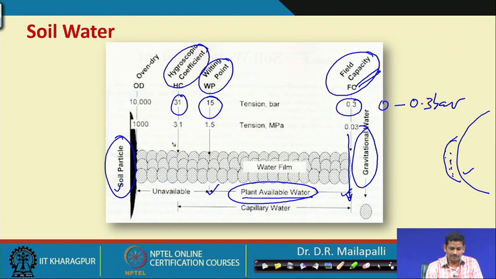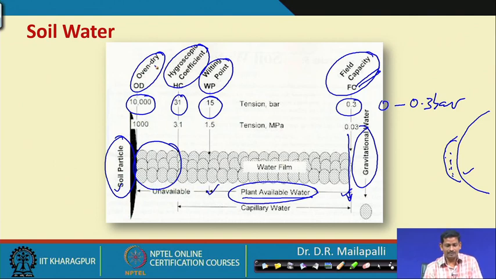After that the water is really tightly held on the soil particle by adsorption forces, or adhesive forces you can say, up to 10,000 bar. This is called the oven dry water.